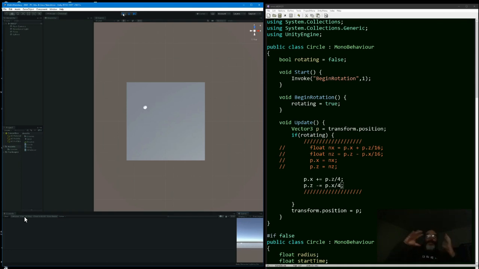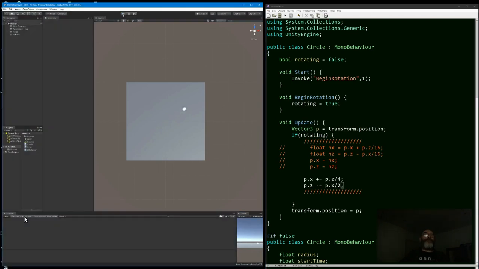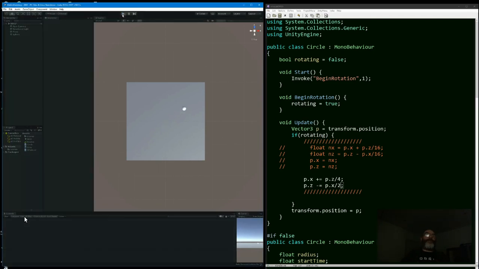You can see very clearly that it's no longer circular. But the nature of it is that you can very efficiently draw a circle that's more accurate than your eye can tell.